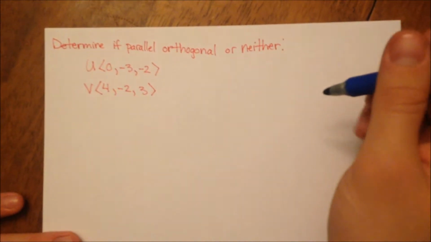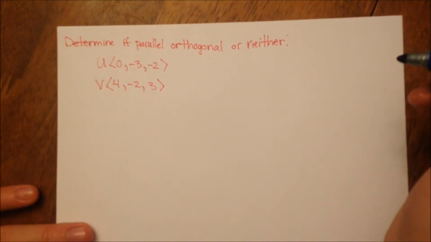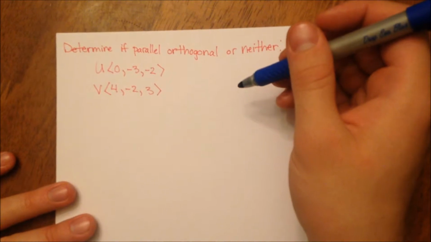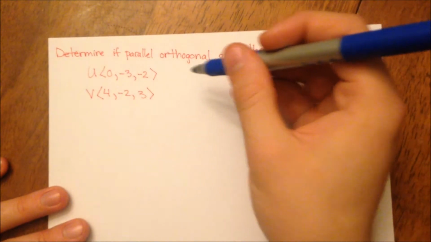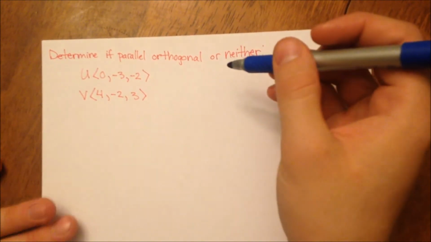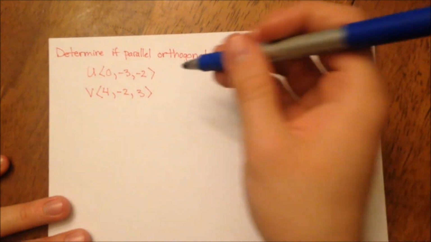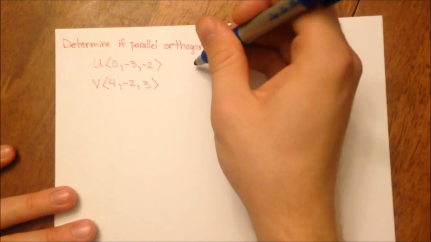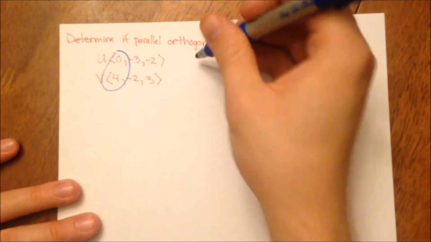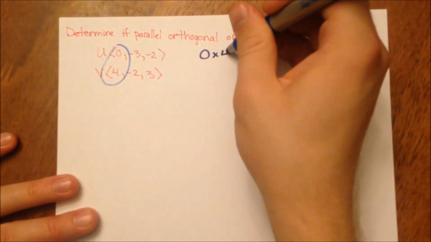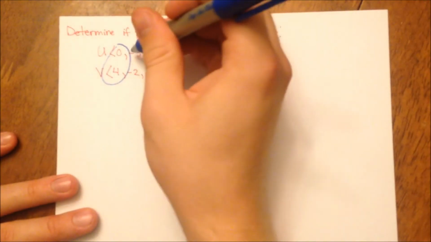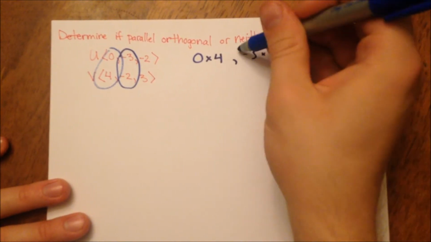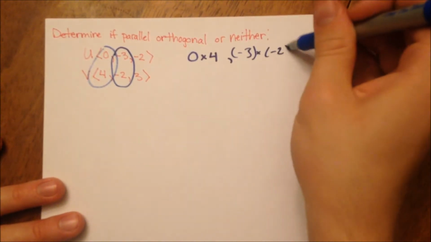Okay, so we're going to try this just one last time to try and get an orthogonal equation here. So first off, to tell if something is orthogonal, the dot product is going to equal 0. So we'll take the dot product of this. We'll start here, 0 times 4, that's our first set. Second set is -3 times -2.